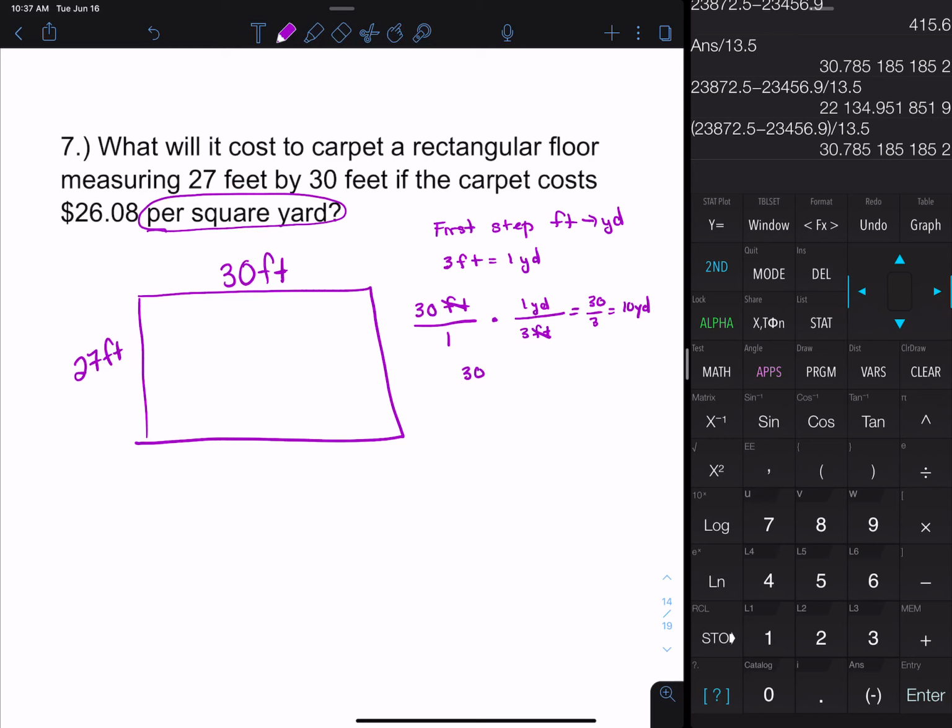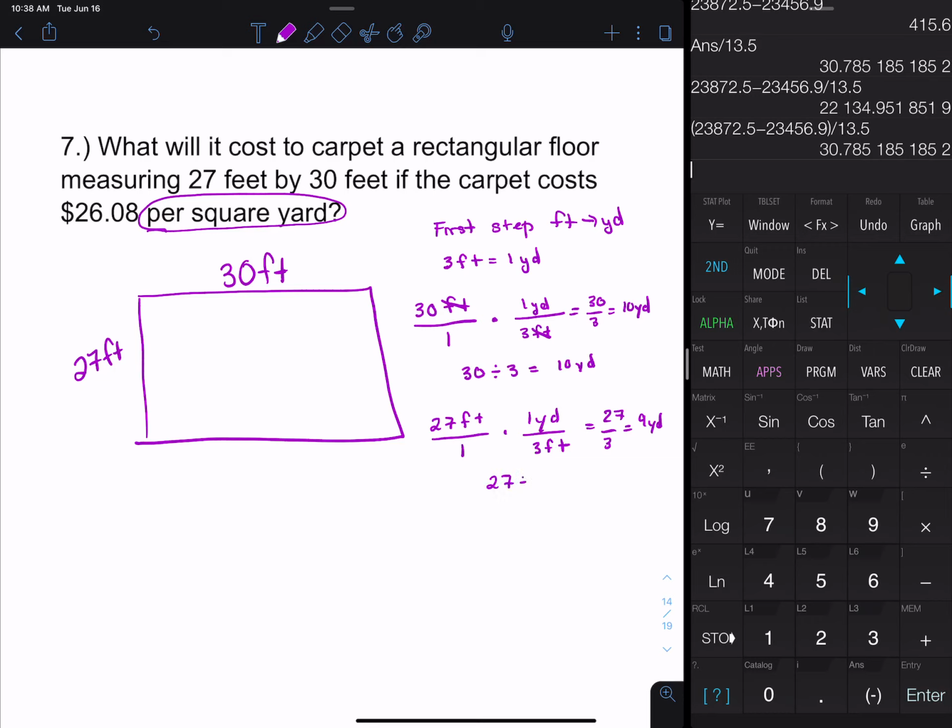It's also perfectly okay if you knew that you just needed to divide feet by 3 to get it to yards. And I'm going to do the same thing with that 27 feet. So 27 feet over 1 times 1 yard over 3 feet gives me that 27 over 3, which gives me 9 yards.